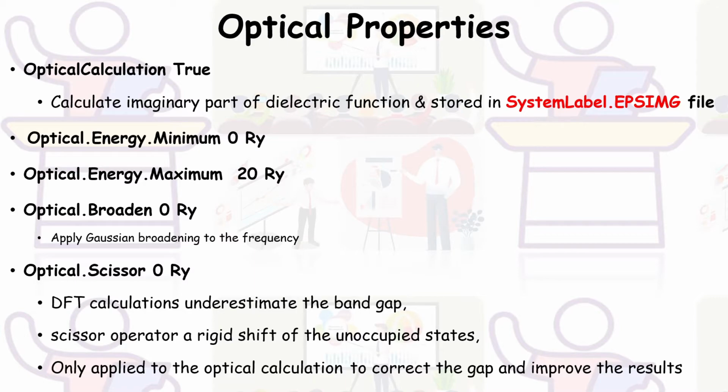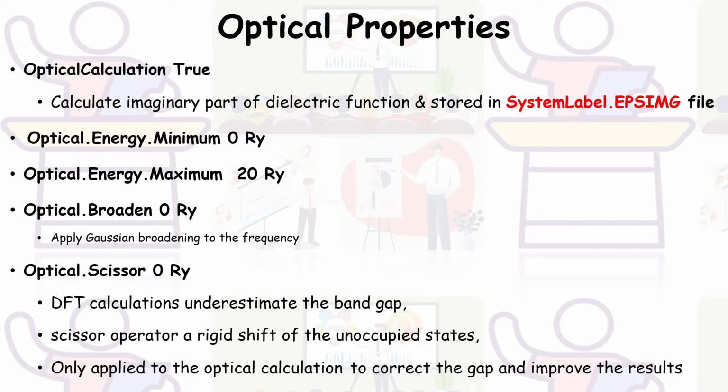This file has the information regarding the optical property. For optical energy minimum you need to give the value, and for maximum, actually it is the range. And optical broadening means Gaussian broadening of the frequency value. And optical scissor we apply.